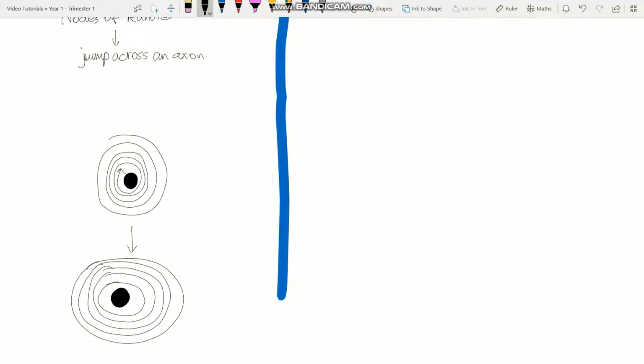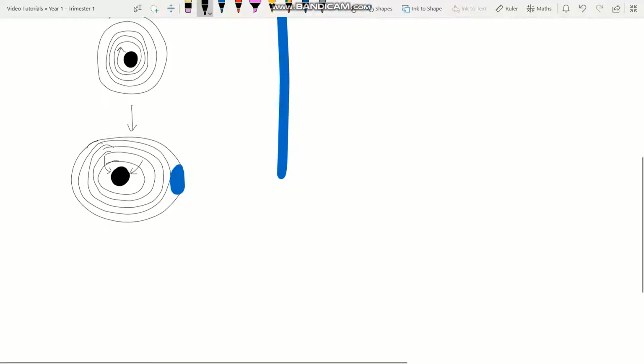This structure contains a nucleus, which may be located somewhere here, and therefore allows for nerve impulses to remain within the axon.